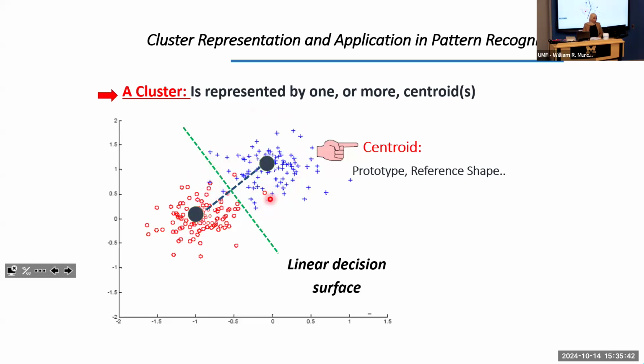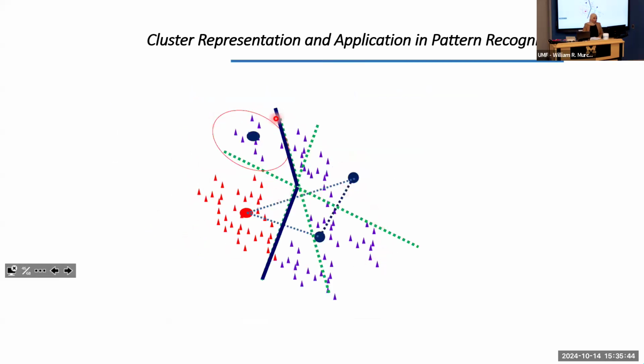Okay, so now the surface could be divided if, for example, here we have the case of multiple groups. How many groups are here?